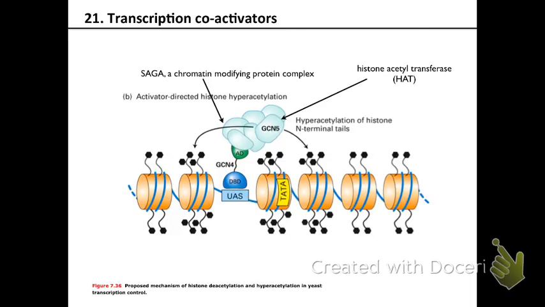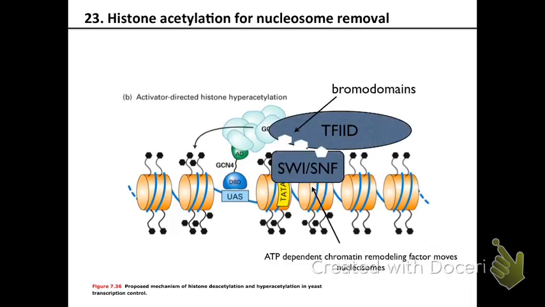Okay. What proteins read acetylation? What are the readers here? Yes. And SAGA. It's called SAGA. Perfect. TFIID and SAGA are reading that acetylation, right?